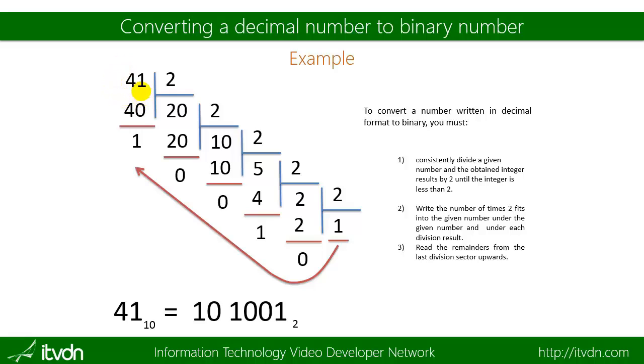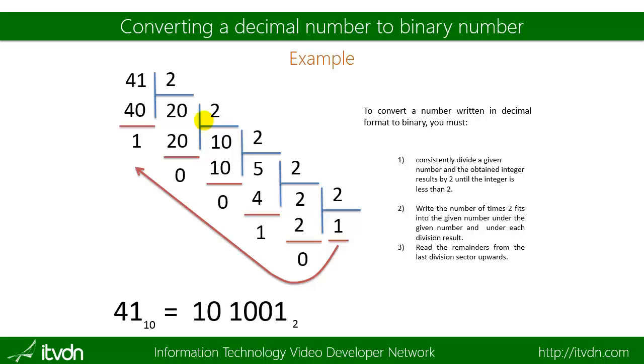Our given number is 41. 41 divided by 2. Well, we'll still get 1. So how many times can we fit 2 in 41? We can fit it in 40 times. We write our 40. 41 minus 40 is 1. We write 1. Then now we have another scenario.